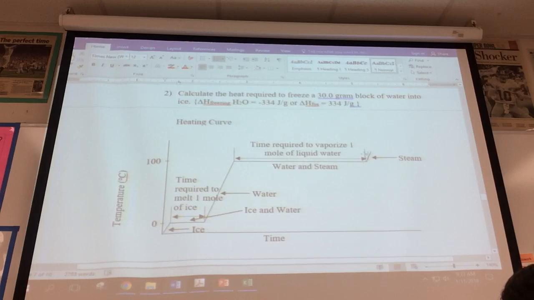And then finally, you've got water in the gaseous state, you've got water vapor or steam. Please note that the length of the plateau where the substance is vaporizing is considerably longer than that of the plateau length when the substance melts.